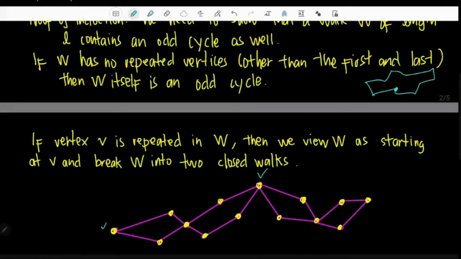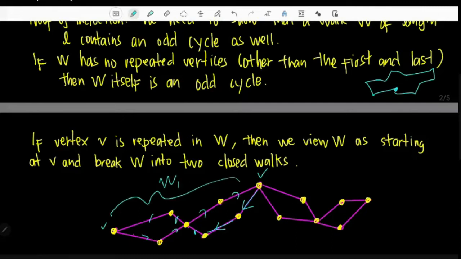So what you can do is you can rewalk your previous walk, but this time you're starting at the common vertex V. So we can start a walk from V on one side. So meaning you can split this walk, right? You can walk that path or that trail until you reach here. So that's one walk.